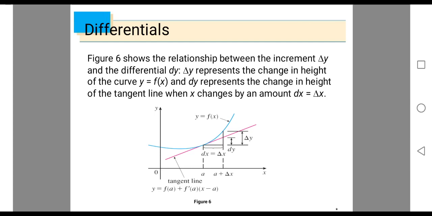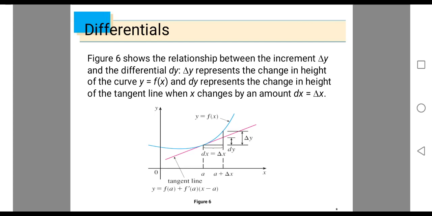So our total differential dz is going to be fx of x and y, into dx, plus fy of x and y, into dy, which is equal to the partial derivative of z with respect to x into dx, plus the partial derivative of z with respect to y into dy.